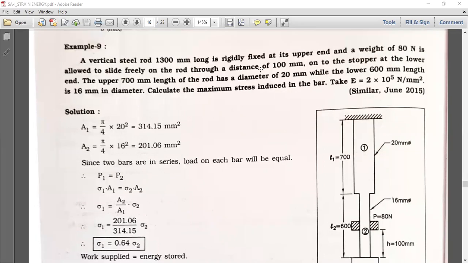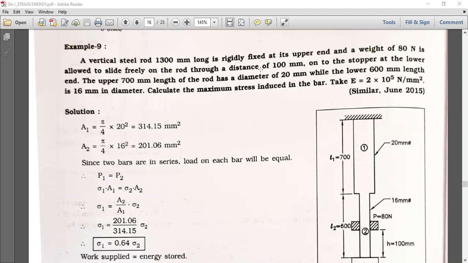Here is one example: a vertical steel rod, 1,300 long, is rigidly fixed at its upper end, and a weight of 18 Newton is allowed to slide freely on the rod through a distance of 100 onto the stopper at the lower end.